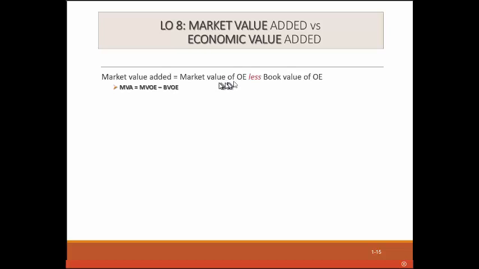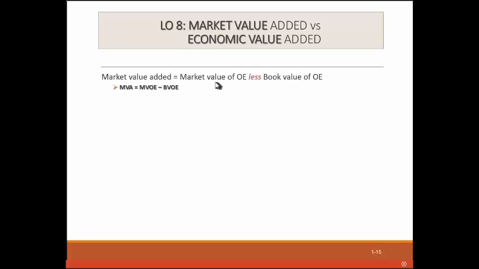Now, if we would compare that market value to the book value of owner's equity, which is the balance sheet value of owner's equity divided by the number of shares, you would get the book value per share, or what it costs the company to get the net assets that it has.